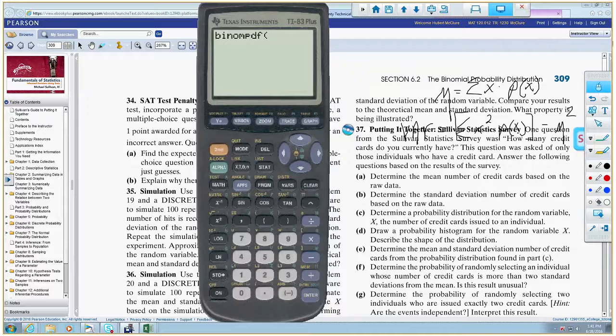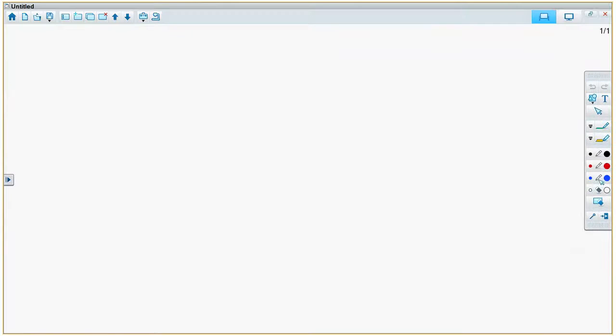Now, with binomial PDF, you will need to type in 3 variables. I think it's PDF. You need to type in N, comma, P, comma, X.